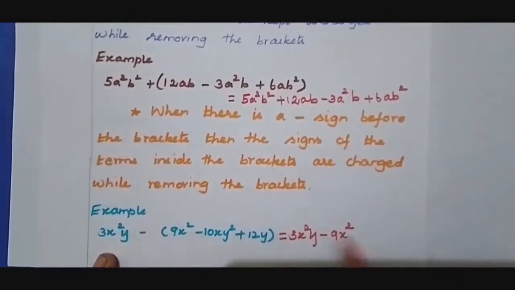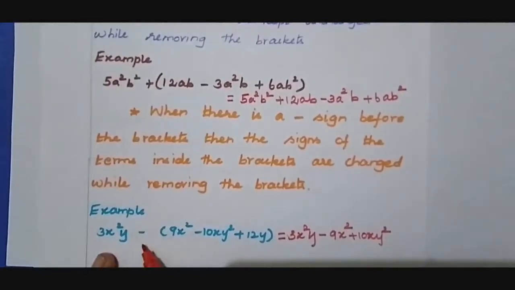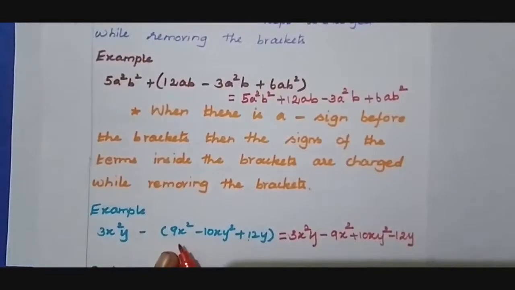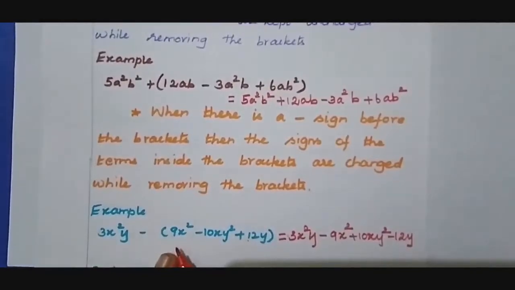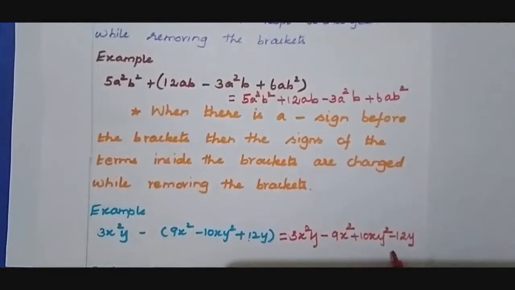Minus into minus is plus 10xy square. Minus into plus is minus 12y. Now you can clearly see that when it is preceded by the negative sign, the terms inside the brackets are changed. Is it clear, children? Yes.